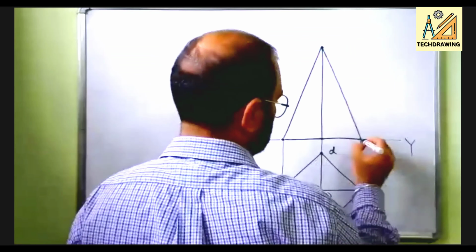Now let us read the next part of the question. It says a cutting plane inclined at 45 degree to HP bisects the axis of the pyramid.